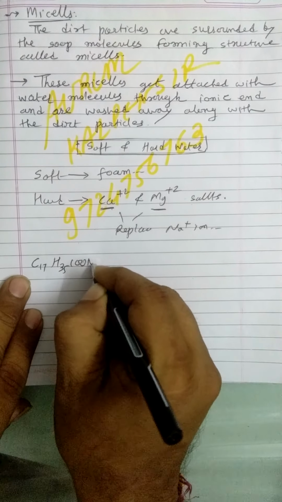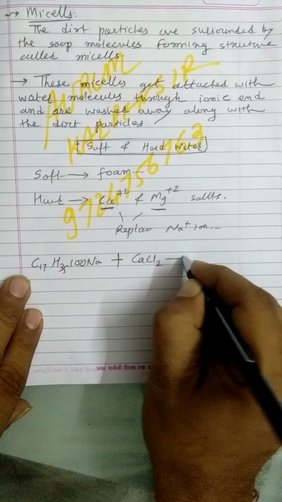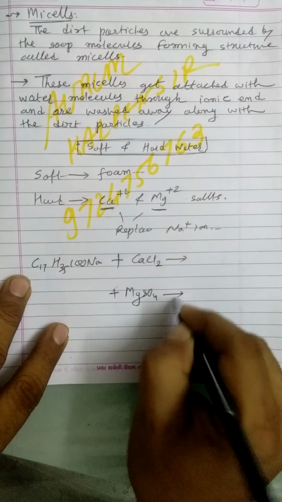For example, C17H35COONa reacts with CaCl2, or you can take MgSO4, magnesium sulfate.